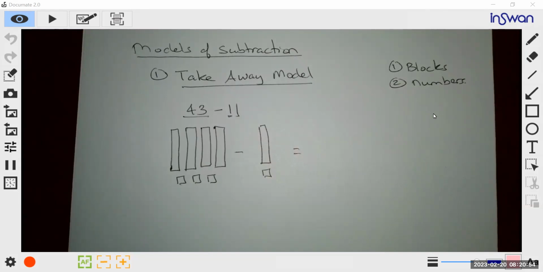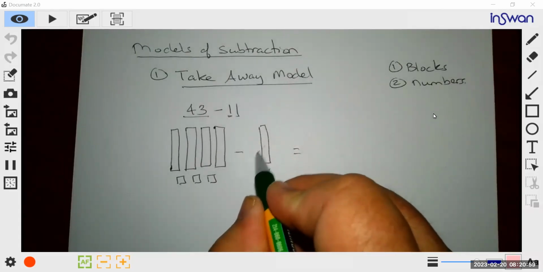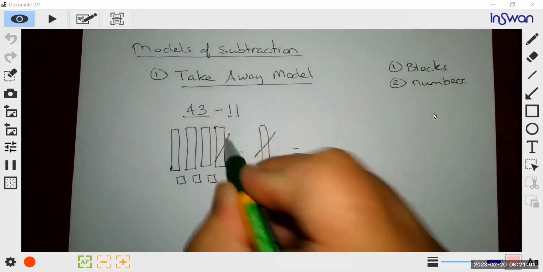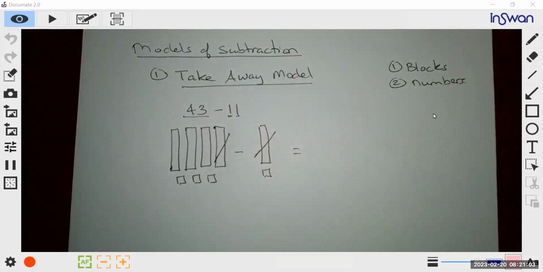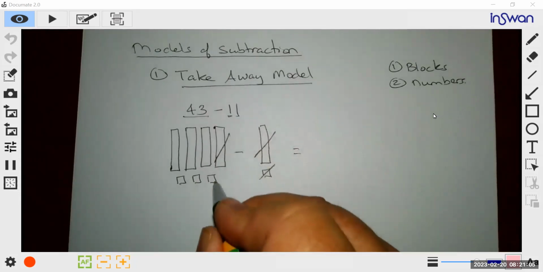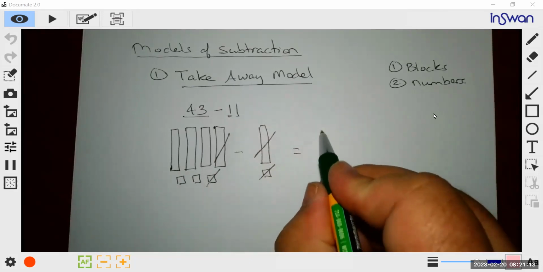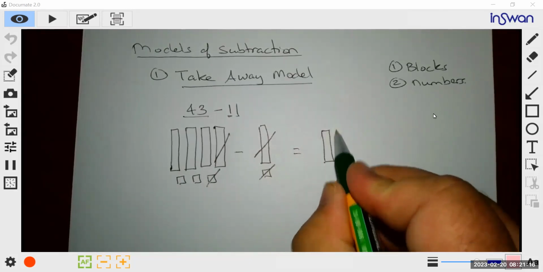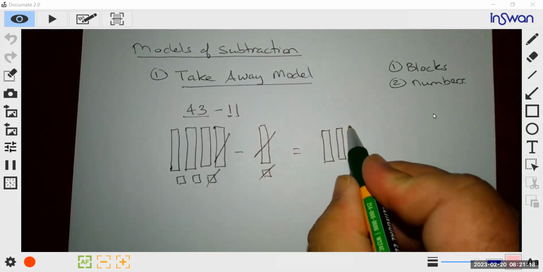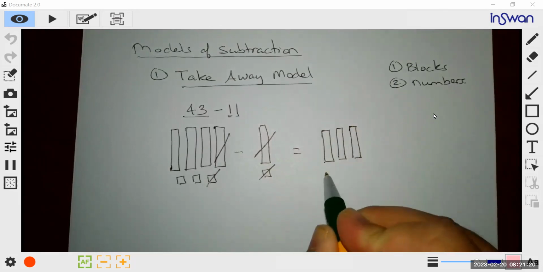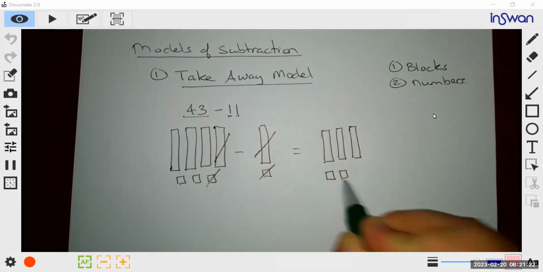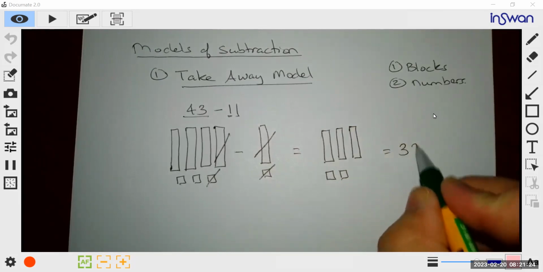So the takeaway model says this. I'm taking away 1 long bar and 1 small box. So what I'm left with is 3 long bars and 2 small ones, which is equal to 32.